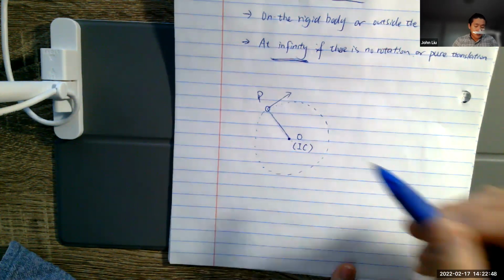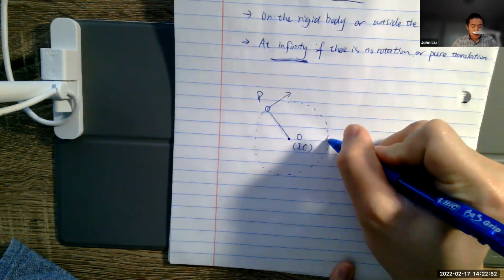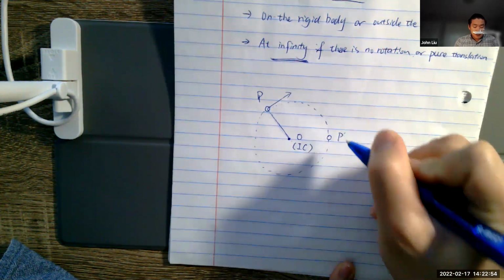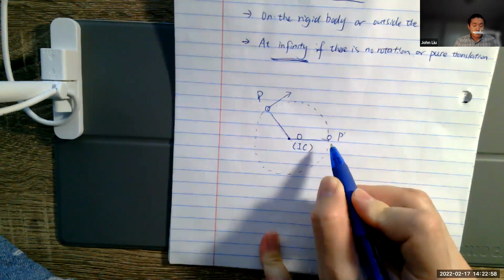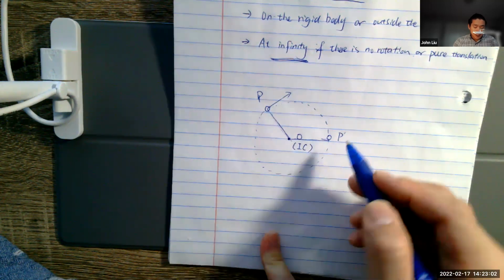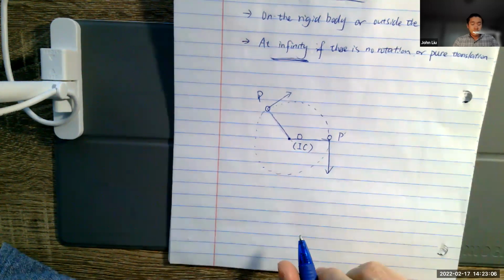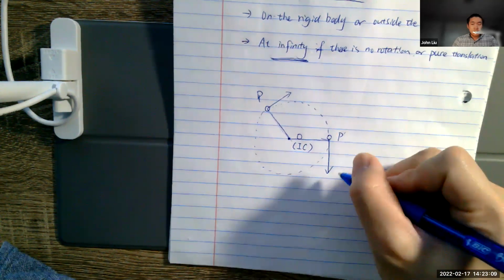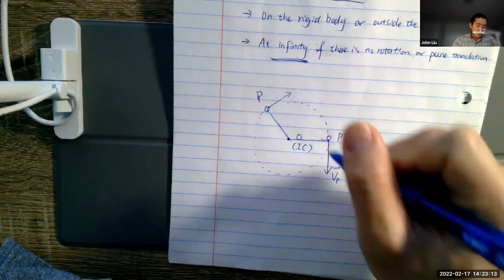No matter where P is, for example, after 5 seconds when P is here, we can use the same method to determine the velocity direction of point P. So connect point O and P, and draw a perpendicular line. That tells you the direction of velocity for P, Vp.